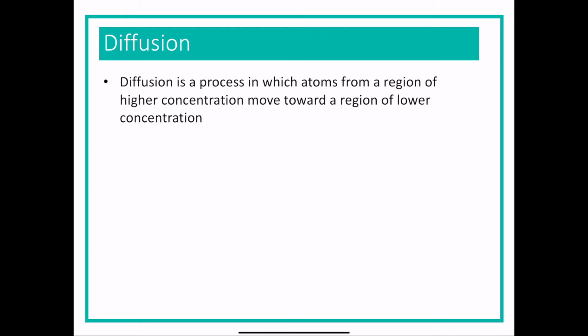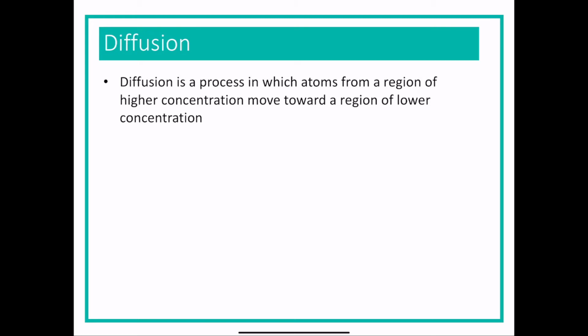And diffusion actually is one of the ways we make current in semiconductors, but that is still a couple weeks away before we actually have current. It's a little while yet. But basically, atoms move from some area where there's a high concentration of impurities towards a lower concentration.